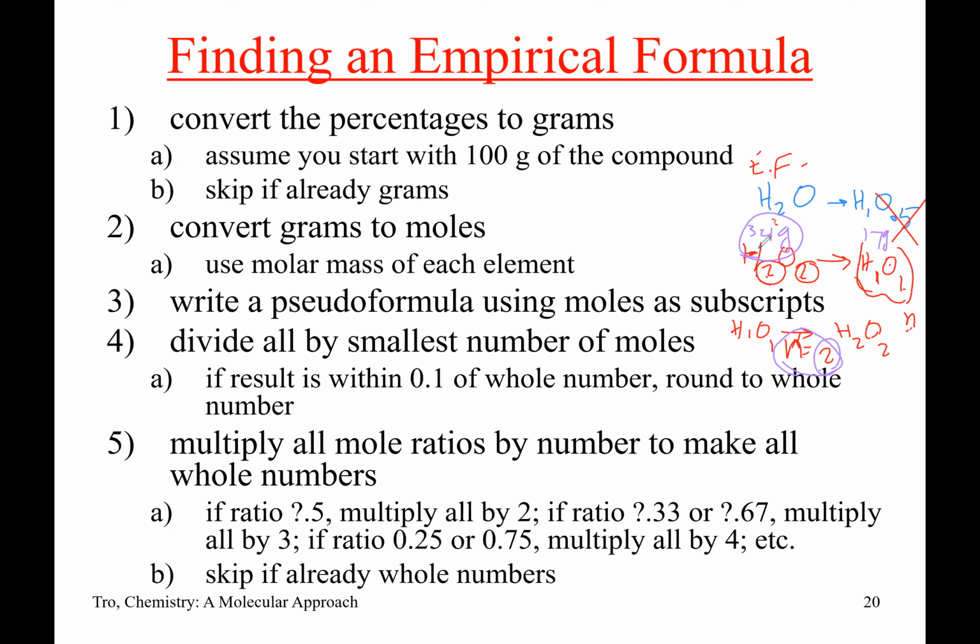So if you have the empirical formula and you want to find the molecular formula, you need to know the value for N. You have to find the relationship between them, find the value for N, and then decide.